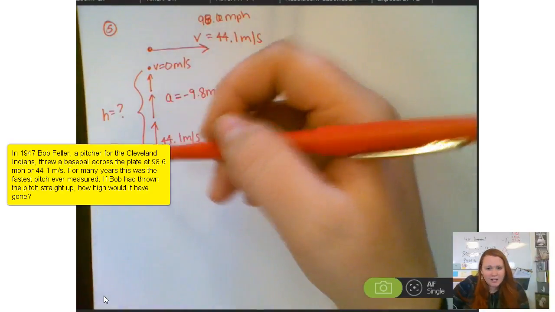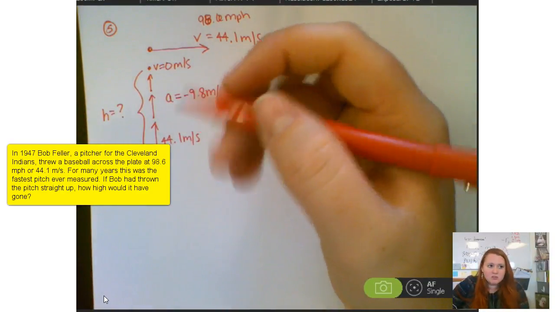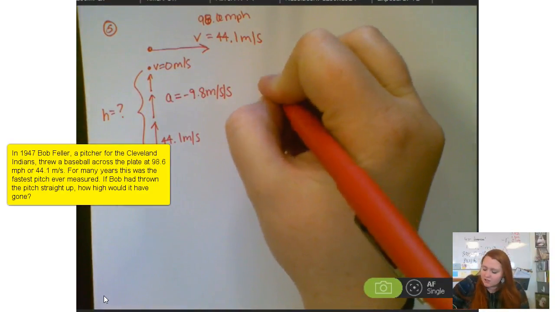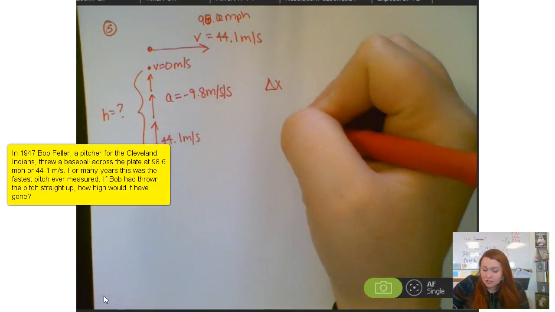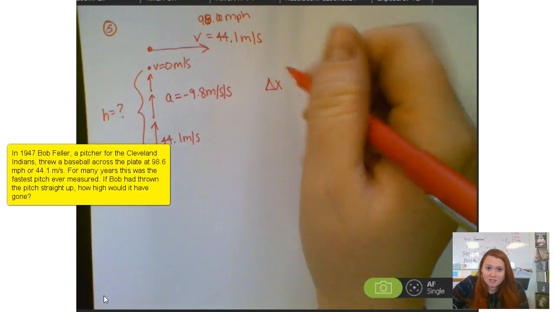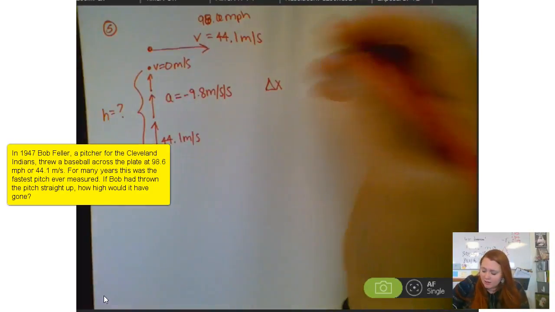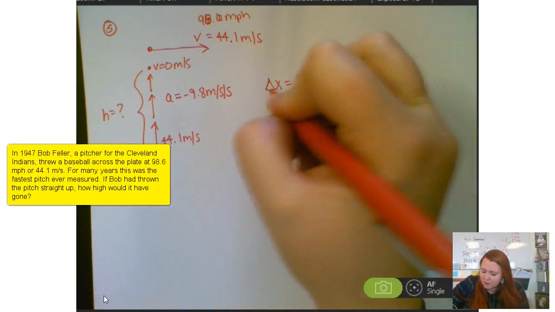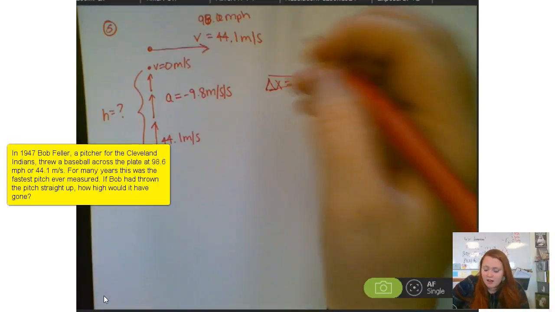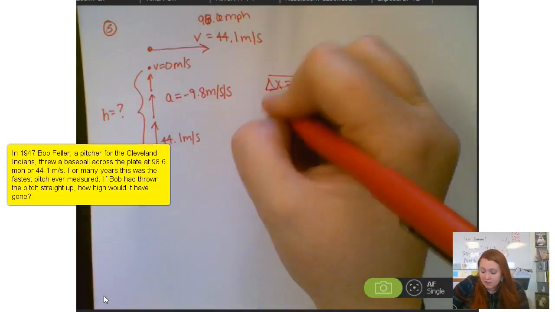So when you're looking at height or displacement or distance, you're really looking for delta x. So I'm going to use my delta x equation. Actually, no, I'm not going to use my delta x equation. I don't have time. It has 1/2 a t squared, and I don't have time. So that's useless. I will use the equation without time.